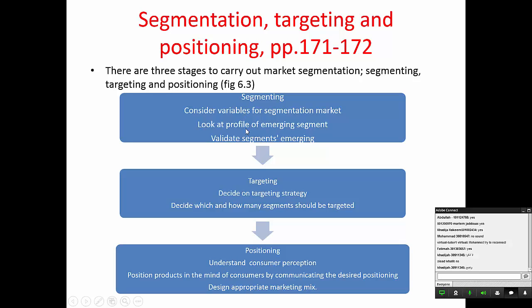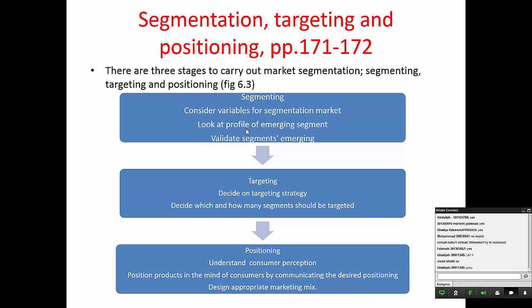And inshallah, we will discuss those different variables that we can segment the market based on.